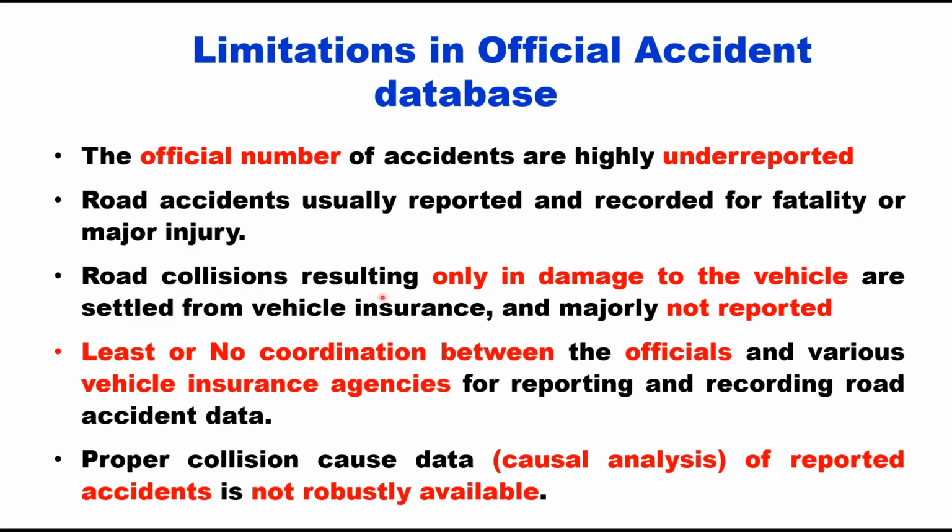Road collisions resulting only in damage to the vehicle are settled by vehicle insurance companies and mostly not reported. There is little or no coordination between the officials and various vehicle insurance agencies for reporting and recording road accident data in India. And proper collision cause data, that is causal analysis of reported accidents, is not robustly available.